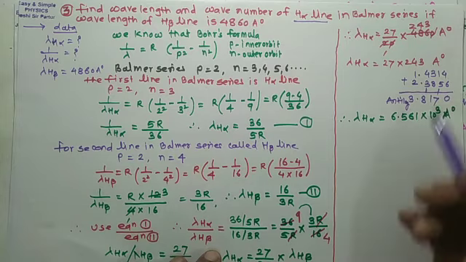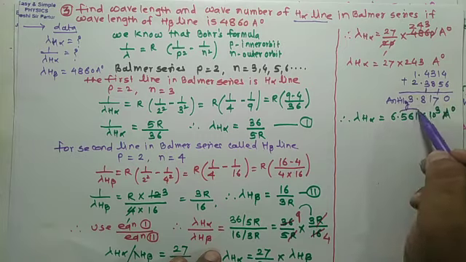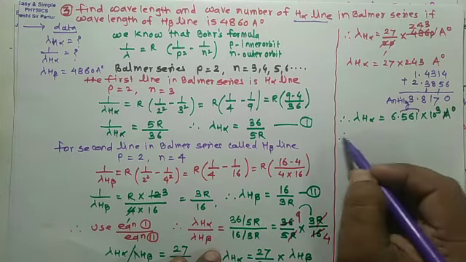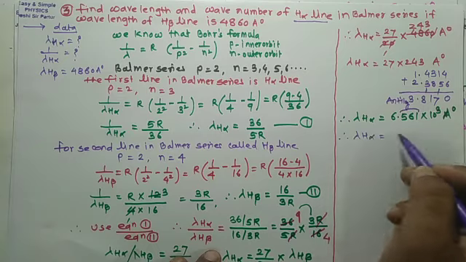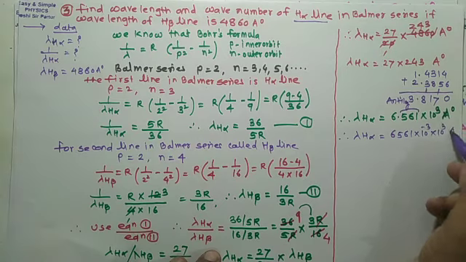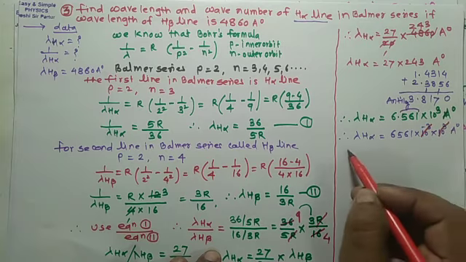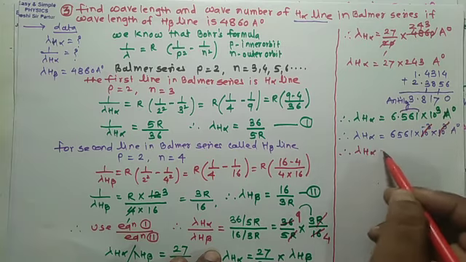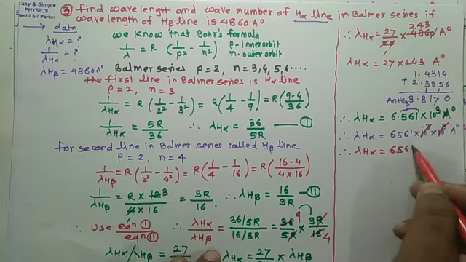When the decimal point is shifted 3 places, lambda H alpha equal to 6561 into 10 raised to minus 3 into 10 raised to plus 3 angstrom unit. 10 raised to plus 3 and 10 raised to minus 3 get cancelled. Therefore lambda H alpha equal to 6561 angstrom unit.